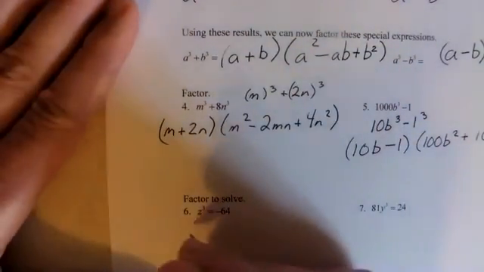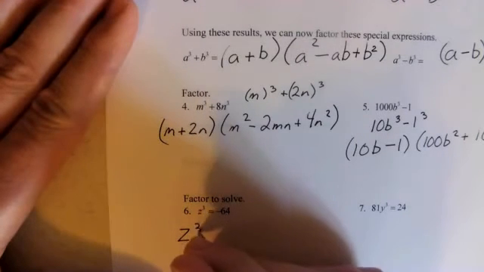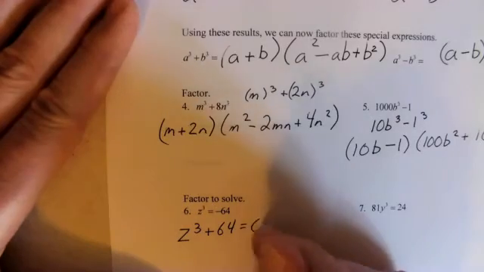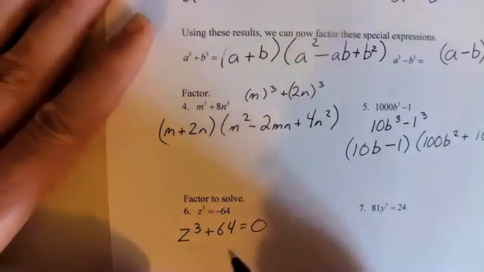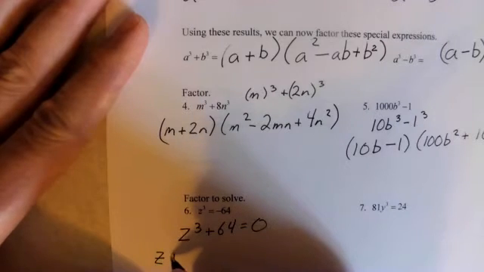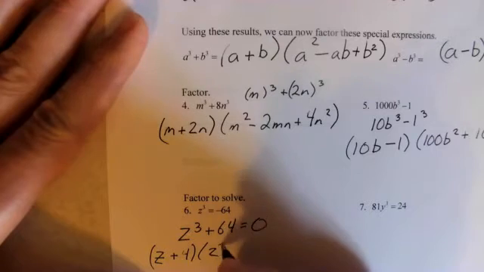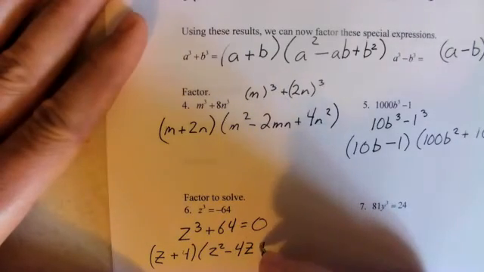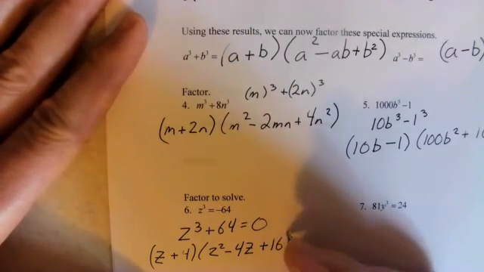Over here, I'm saying that this is going to be z cubed plus 64 equals 0. And I am going to factor it in the same way. z with the same sign plus 4, z squared with a different sign, 4z, and always end up with a plus 16.